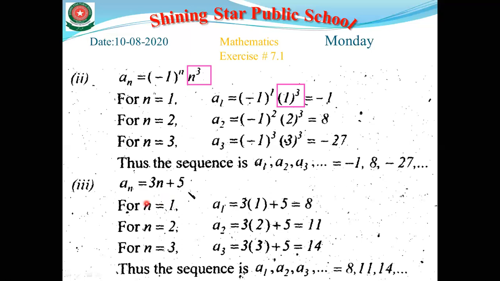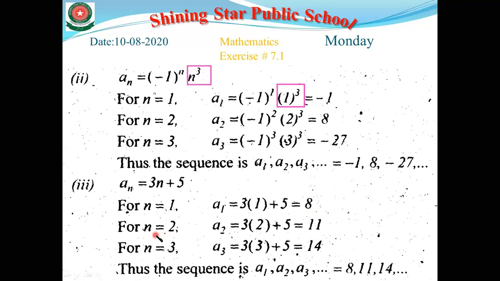When we put n equals to 1, it gives you a1 equal to 3 multiplied by 1 plus 5. Here comes 1, because we replace the n with 1. So 3n becomes 3 multiplied by 1. 3 multiplied by 1 is 3, and 3 plus 5 is 8.